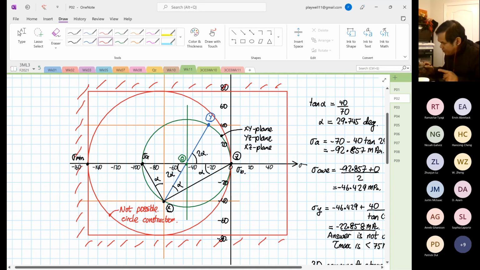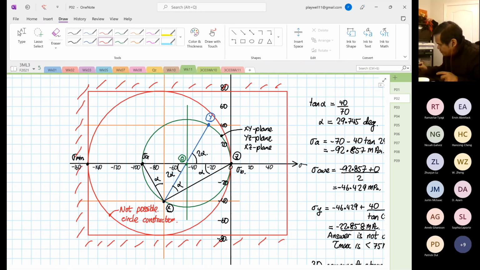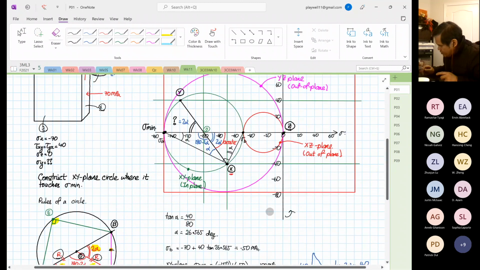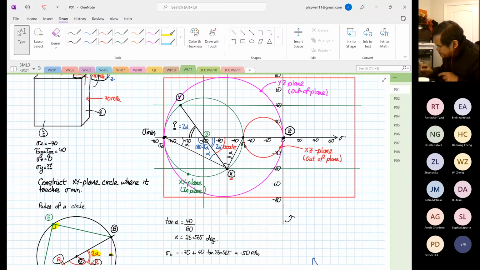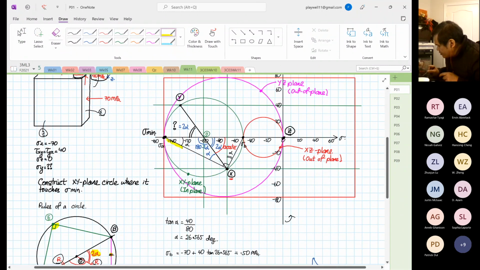So what did we do different with the two? Let me highlight what was before. The one before, this line is where it's different. We constructed that point X will touch the stress minimum, because we know point X already. So I construct the XY plane circle where it touches the stress minimum.